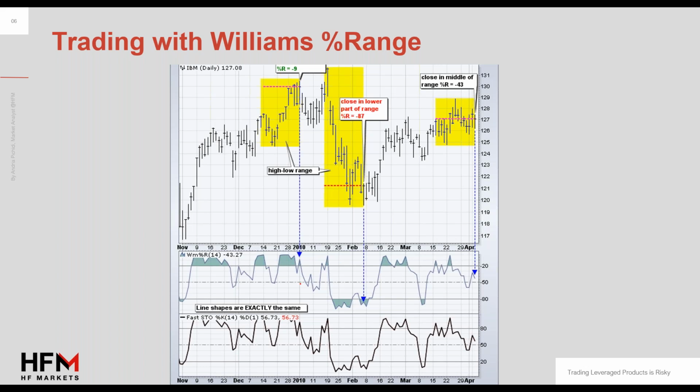Basically, you can see over here the value was very close to 0, but over here it was -9, a very small triangle, indicating that we are done.